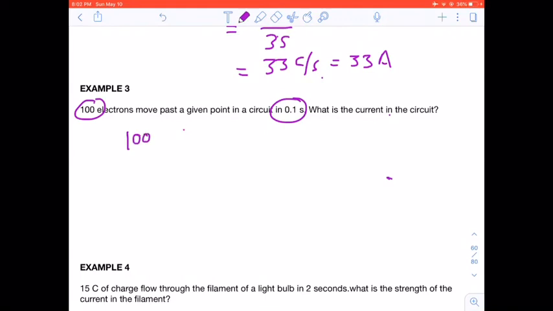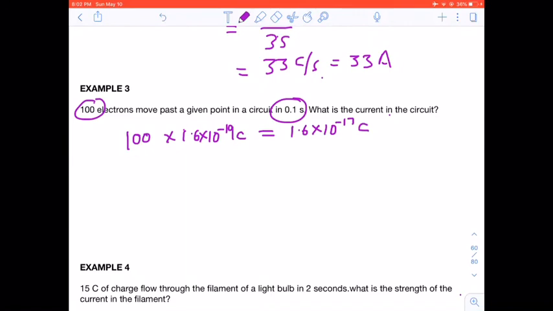Therefore, 100 electrons will be 100 times 1.6 times 10 to the minus 19 coulombs, which would then be equal to 1.6 times 10 to the minus 17 coulombs.